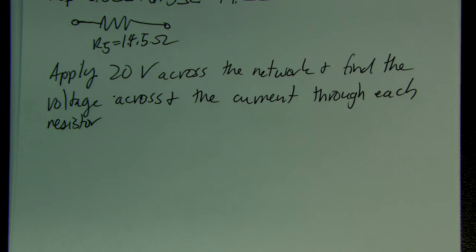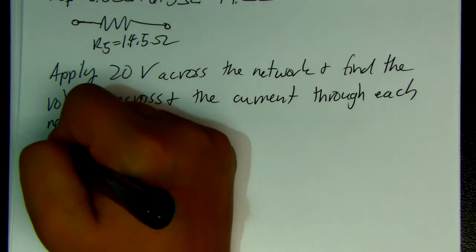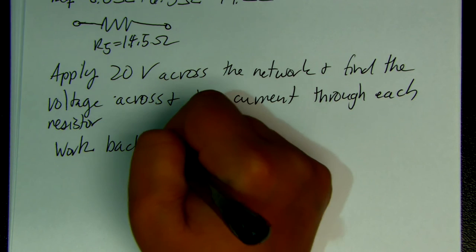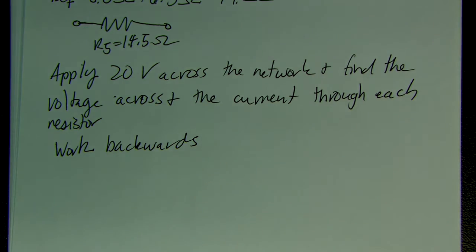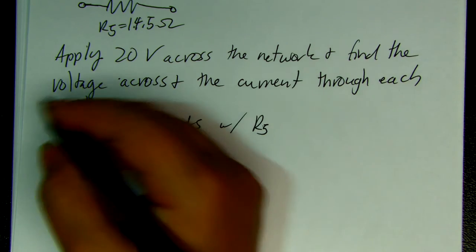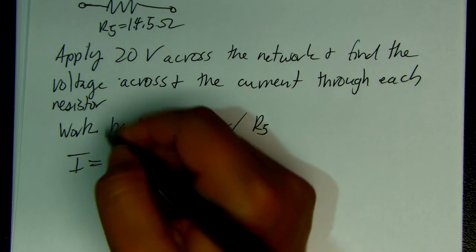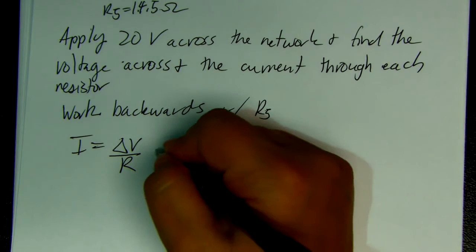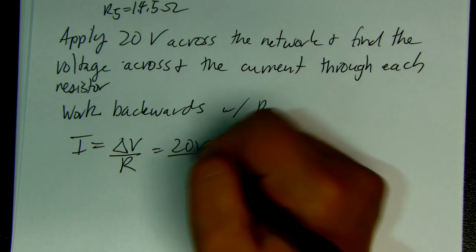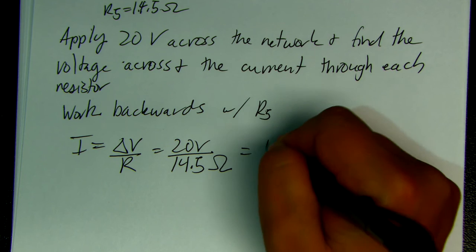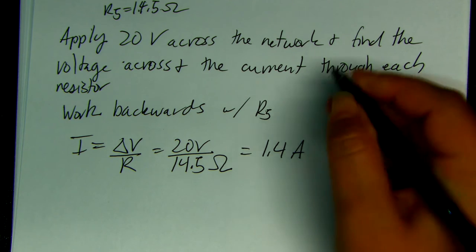And we'll work backwards, starting with total resistance. So let's work backwards. So we have I is equal to delta V over R, which is equal to 20 volts over 14.5 ohms, which is equal to 1.4 amps.